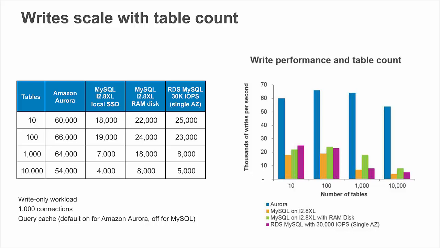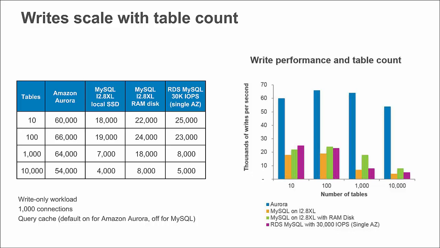Aurora works well for pretty much any kind of database workload, but as it gets more and more demanding, as the amount of data increases, as the number of tables increases, as the number of connections and the data ingestion requirements increase, that is where you'll see a real huge difference between Aurora and most of the databases that are out there.